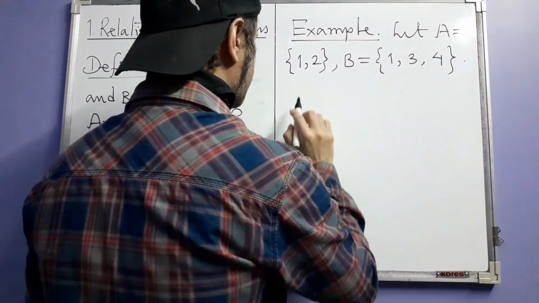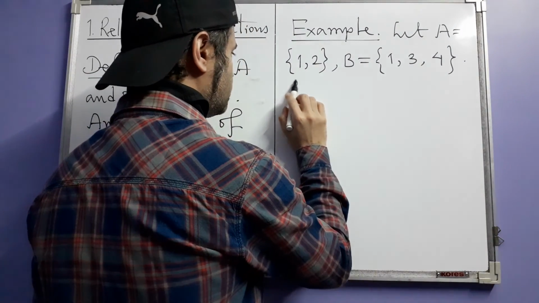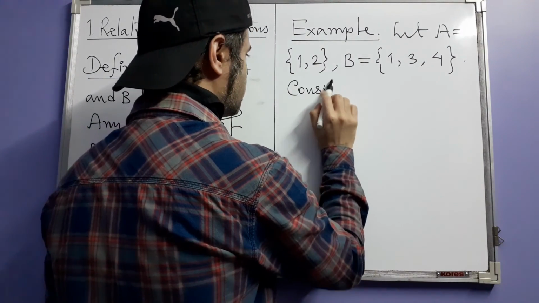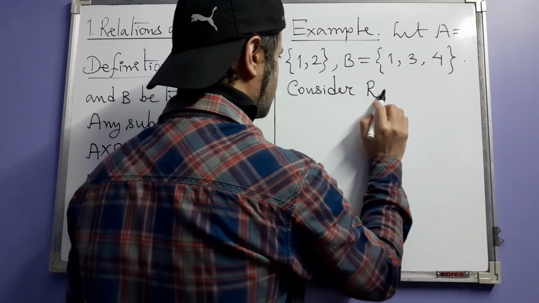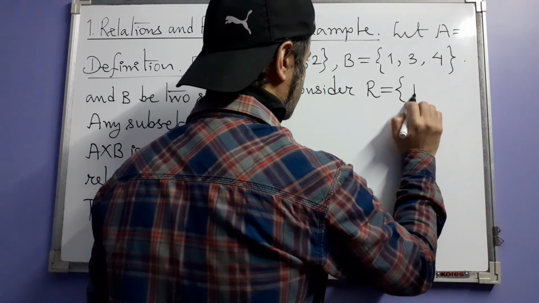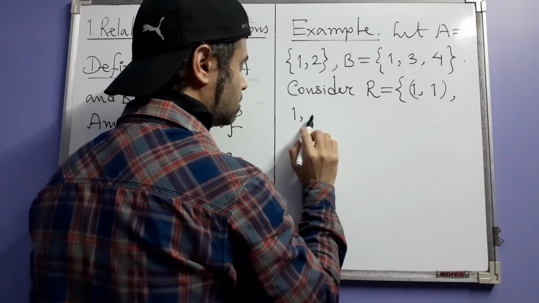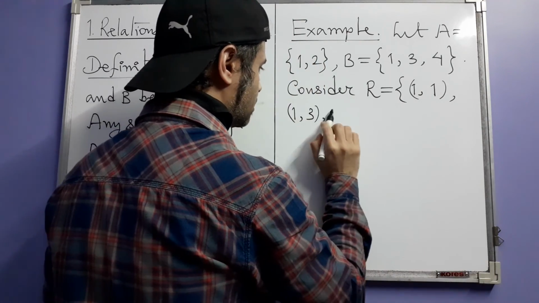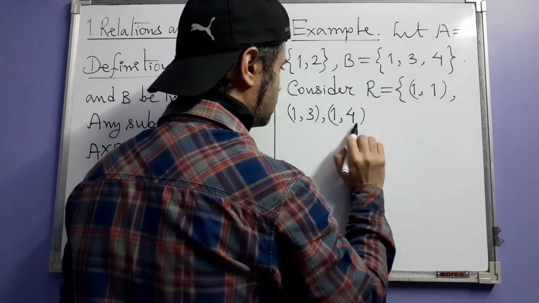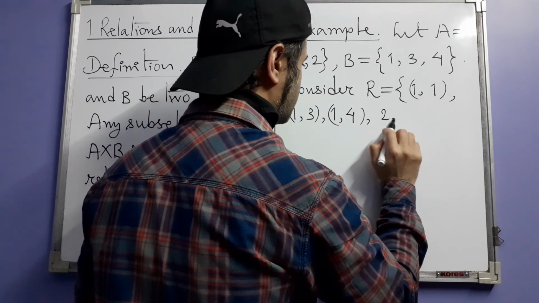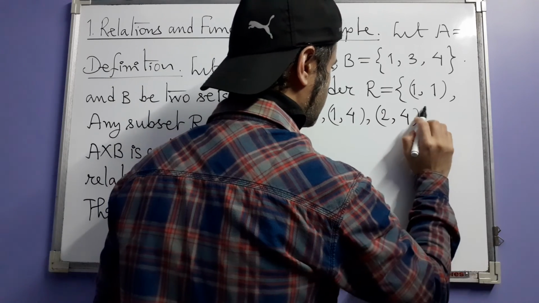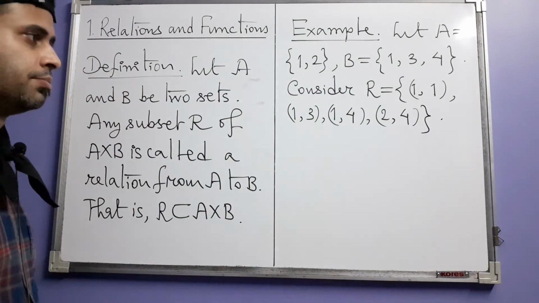And let R be this relation: (1, 1), (1, 3), (1, 4) and (2, 4).